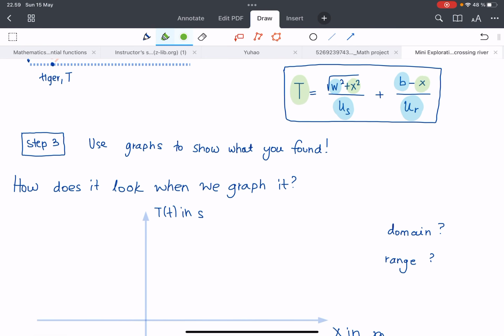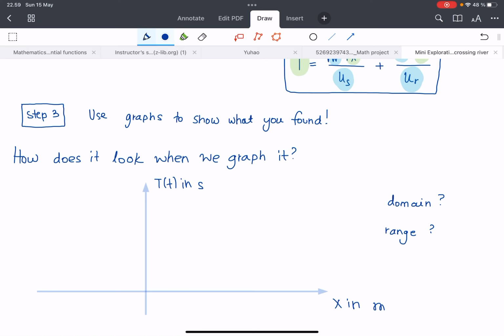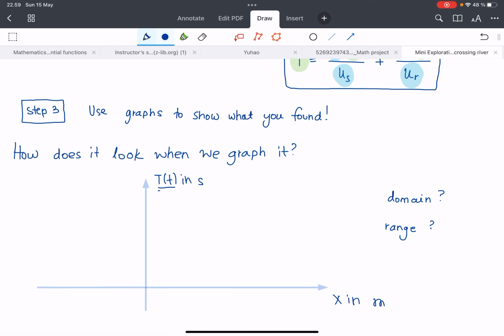So if you use your own values for the running speed, the swimming speed, the width of the river, and so on, how does it look? That's step 3. Use graphs to show what you found. How does it look if you plot the total time as a function of x, the landing distance?